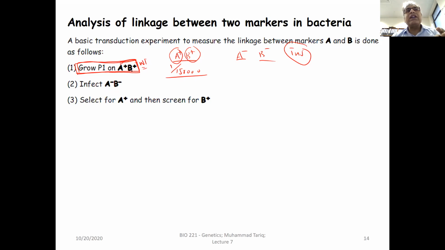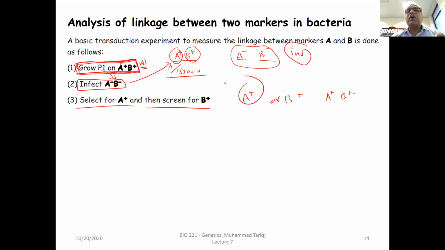What do you do? You grow P1 phages on wild type bacteria, and your probability is 1 in 15,000 will carry A plus or B plus or whatever, or other genes as well. Because when a phage by mistake carries the bacterial genome, it is not necessarily going to carry A plus or B plus. It can carry any of the other genome parts. Now these P1 phages, which infected wild type, and then you isolated all these phages, you infect A minus B minus bacteria, which you already had, with these phages, which may carry A plus B plus. And now you screen for A plus phenotype or B plus phenotype or A plus B plus both.